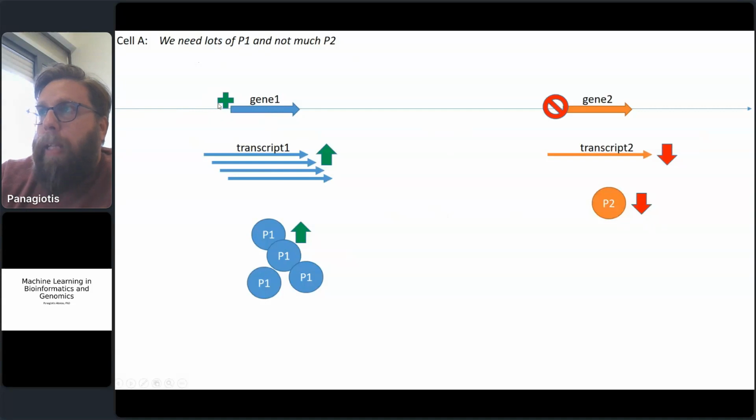What will happen is that the promoter of gene 1 will be highly activated, and the promoter of gene 2 will be silenced. This will lead to high levels of transcription of the product of gene 1, and then eventually to accumulation of protein 1, and the opposite can happen for protein 2.